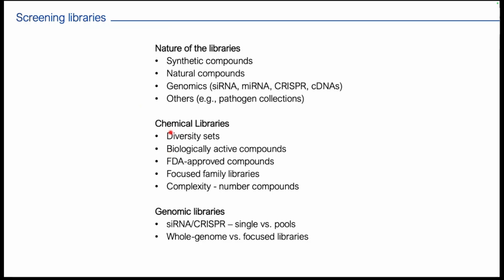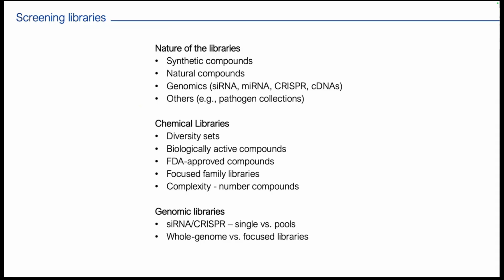And there are more focused chemical libraries, for example, libraries of biologically active compounds, so compounds that we already know where they act, compounds that have been approved by the regulatory agencies, or, for example, more focused compound libraries, such as kinase inhibitors or epigenetic modulators. So these types of libraries, again, depend a lot on the biological question, right?